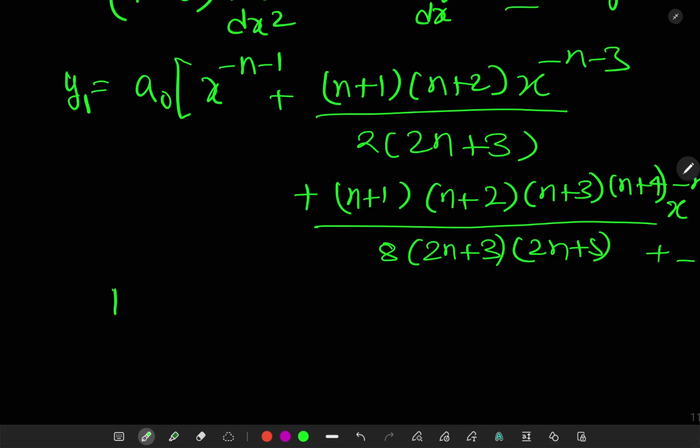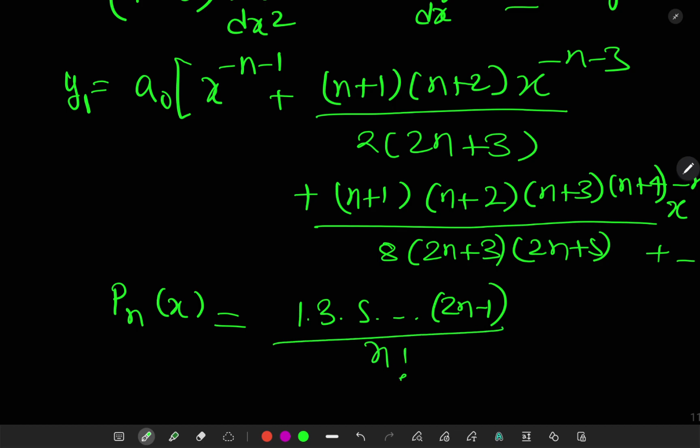It is denoted by Pn of x, which is equal to this.